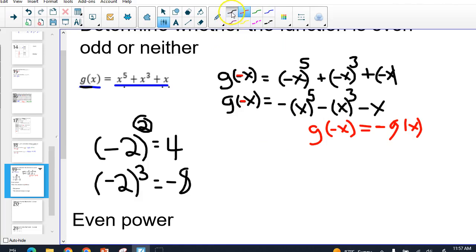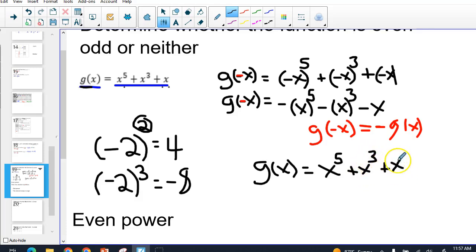So if I originally have g of x is our x to the 5th plus x cubed plus x. If I were to multiply both sides of this equation by a -1, so I'm going to multiply by -1 on this side and by -1 on this side. All multiplying by -1 does is change our signs.